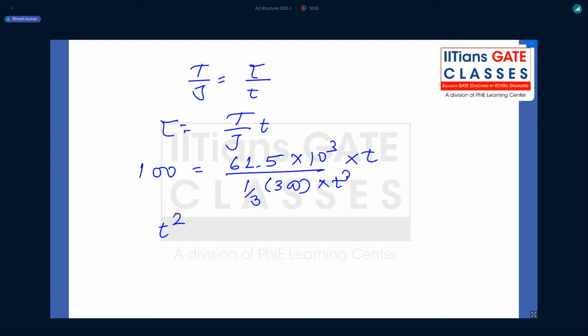So what is the T square? What is the T square, guys? So T square will be, I think, 6.25.